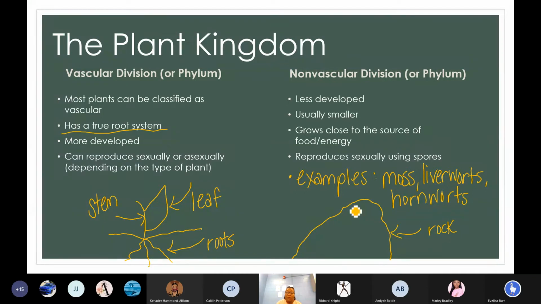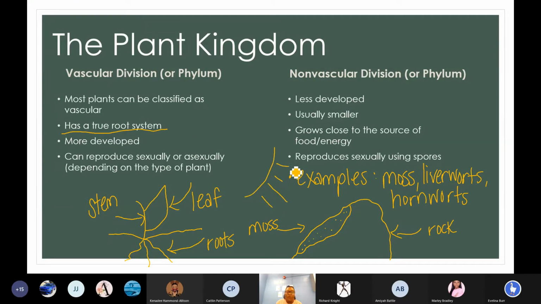Remember that moss that we find growing on that rock, some little dots there on it. That moss is going to be growing towards sunlight.